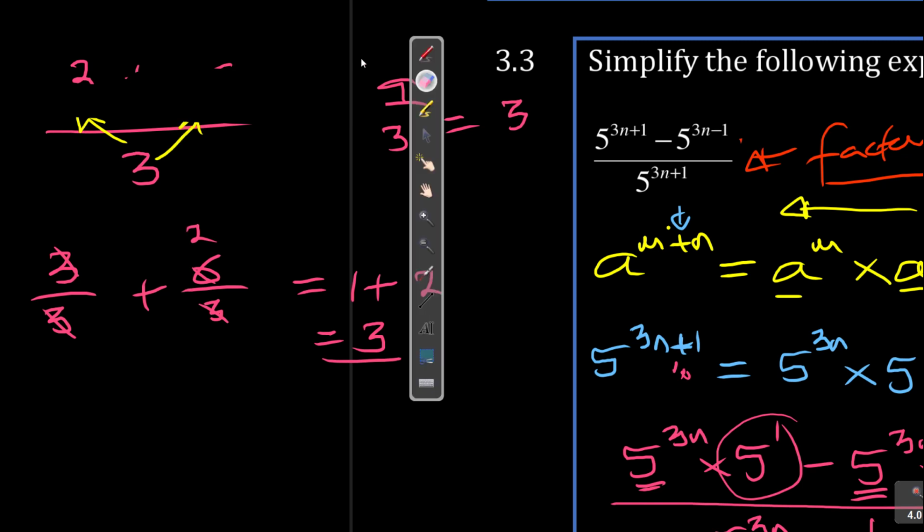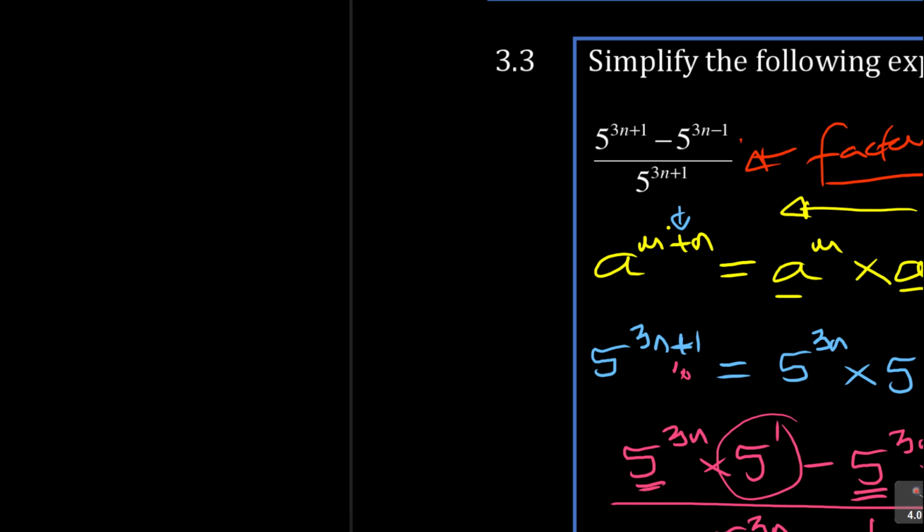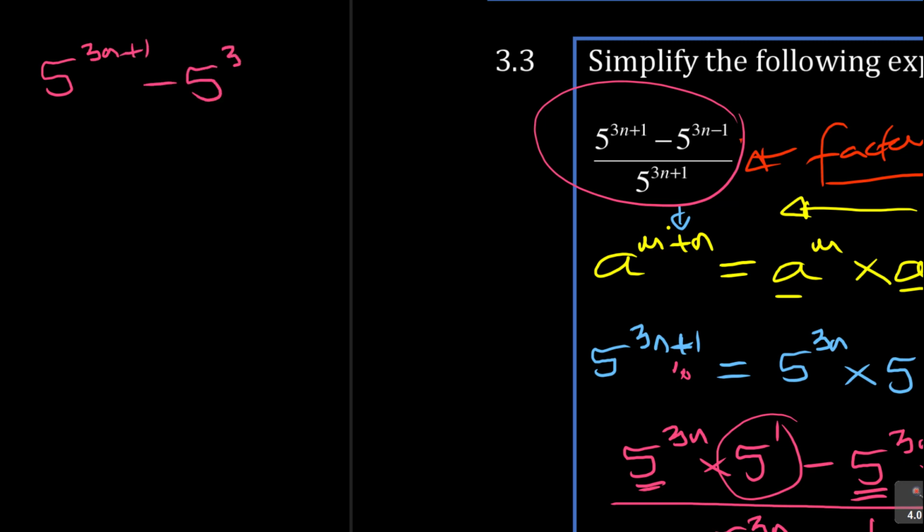If I give you now this part, let me just erase and bring this guy here, which was 5 to the power of 3n plus 1 minus 5 to the power of 3n minus 1, over 5 to the power of 3n plus 1. Now it's up to you how you want to do it. This affects and that affects.